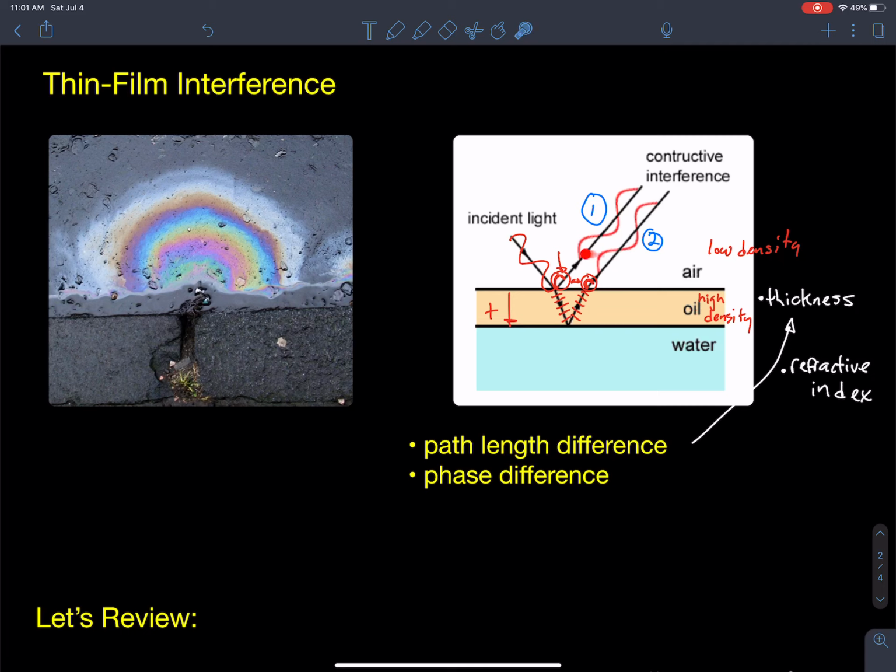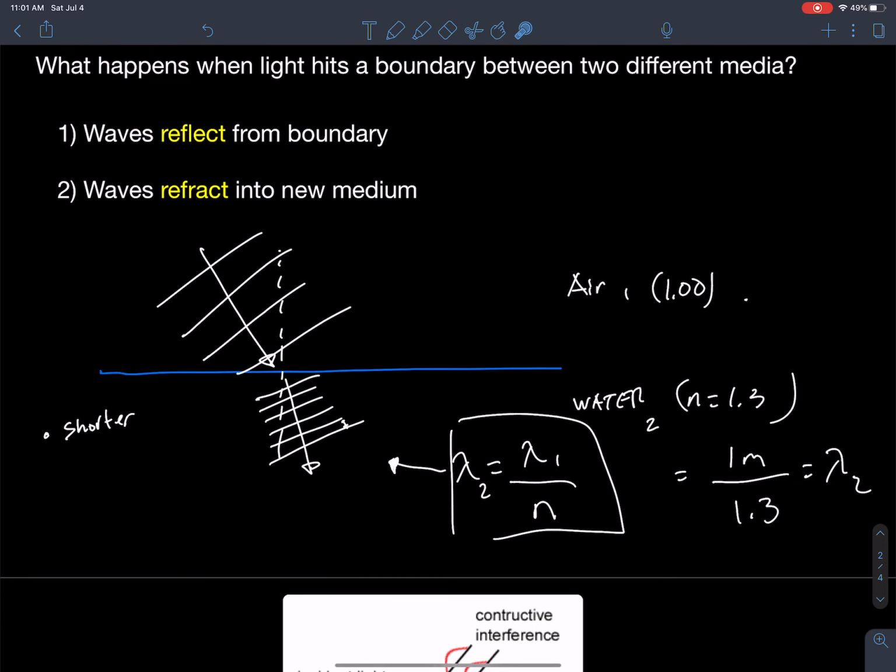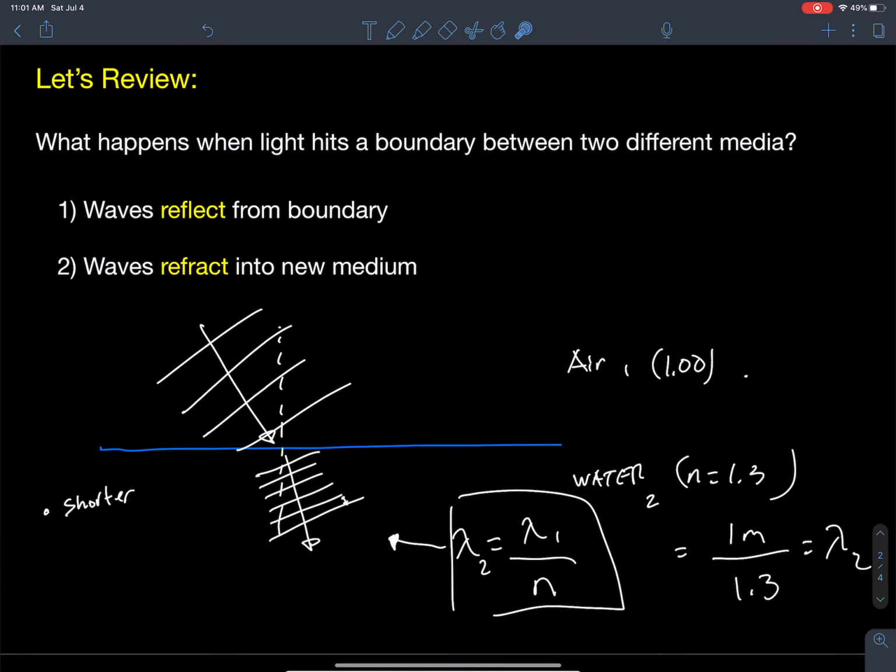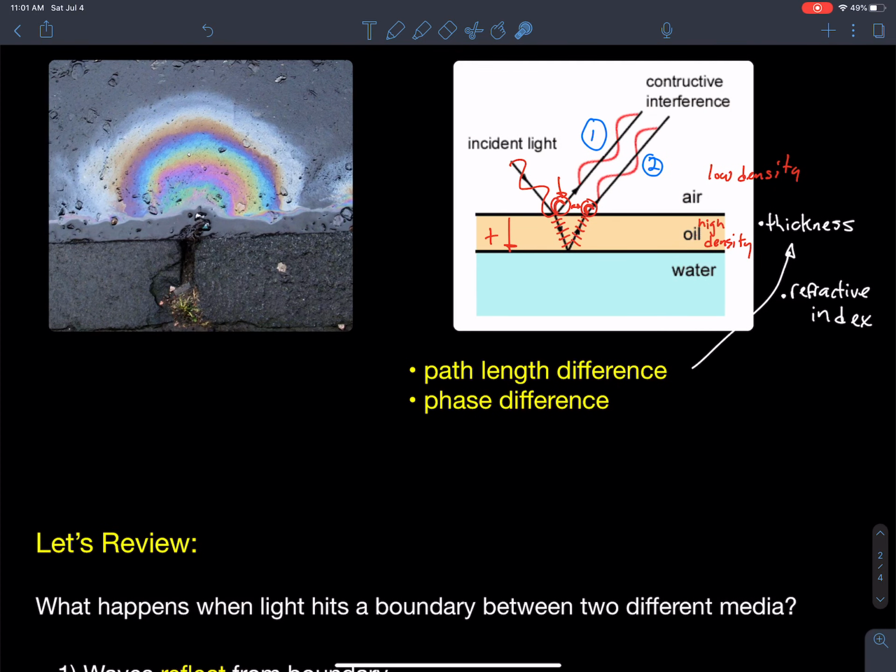And is it going to overlap with number 1 or number 2? That's important for refraction. So in the last video, in the next section, I'll let you guys take a break. But in the next section, we're going to actually come up with the formula to be able to apply, to figure out which wavelength of light is going to be selected based on the thickness of that oil film and the refractive index of that oil film.